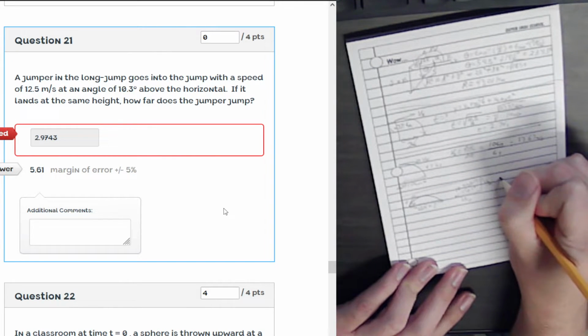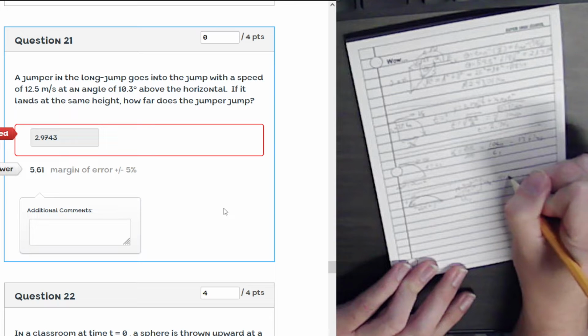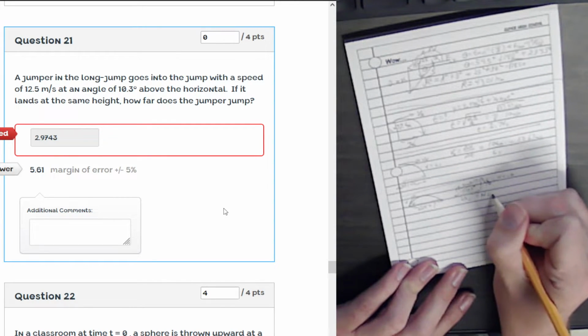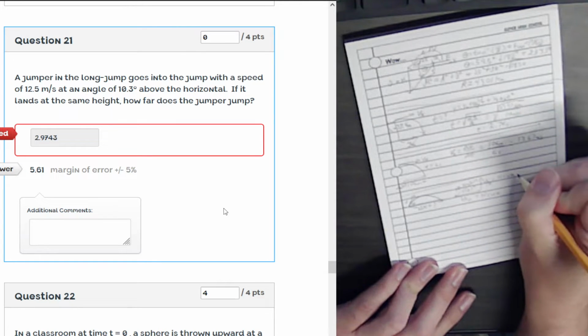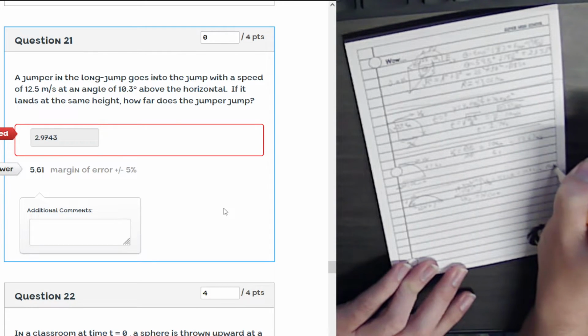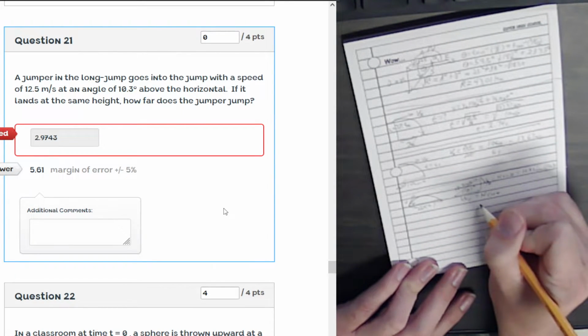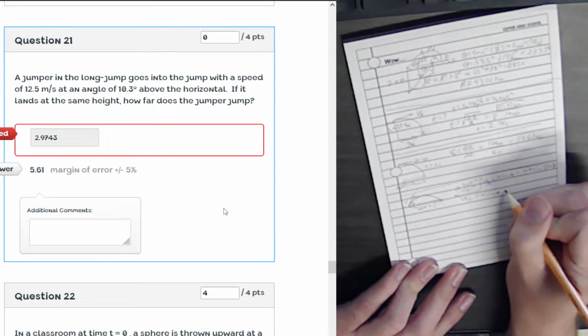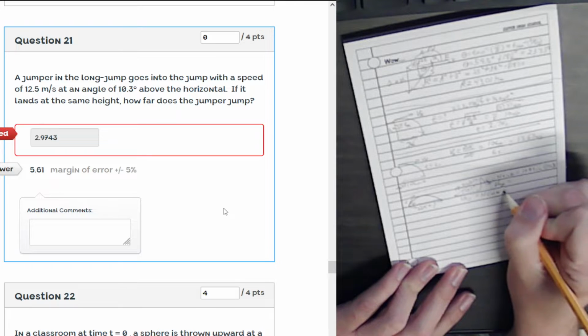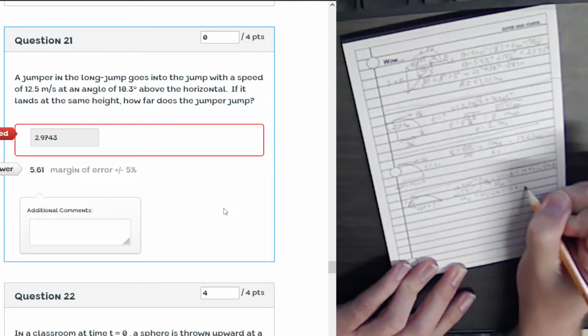So V naught y is your hypotenuse times sine theta. V naught x is hypotenuse times cosine theta. So the hypotenuse is 12.5 times sine 10.3, and this one is going to be 12.5 again times the cosine of 10.3.